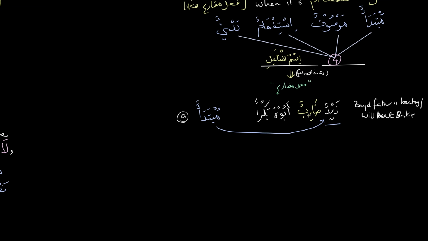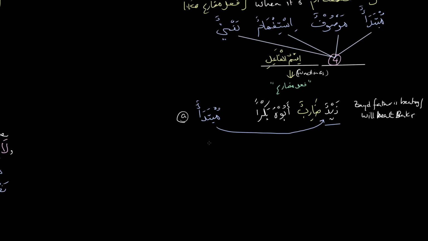Abuhu daribun is like yadribu, basically. Zaydun daribun abuhu bakran: Zayd's father is beating or will beat Bakr. That's kind of how that one is. They analyze that sentence in the end, so we'll do that afterwards.